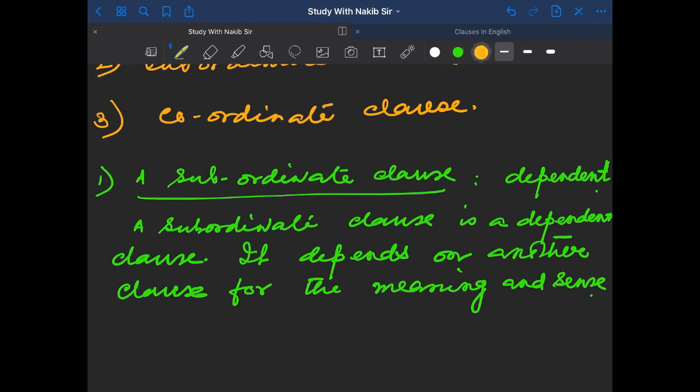So a subordinate clause is a dependent clause. It depends on another clause for the meaning and sense.